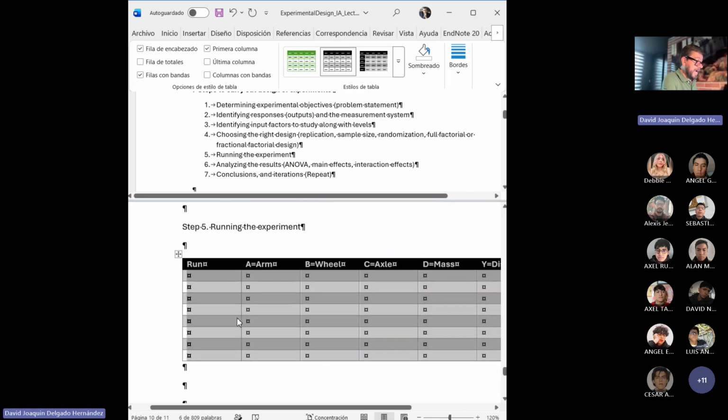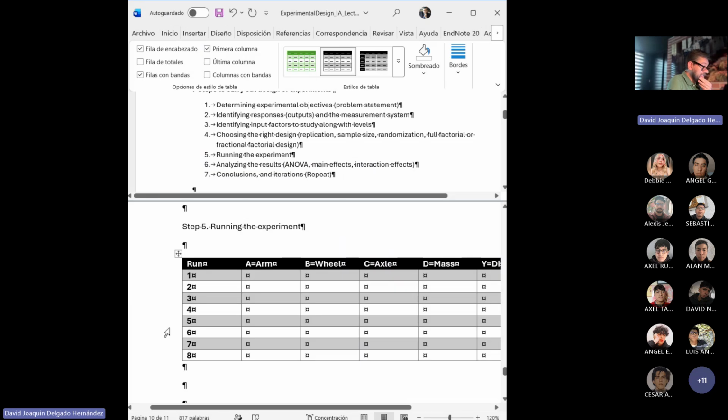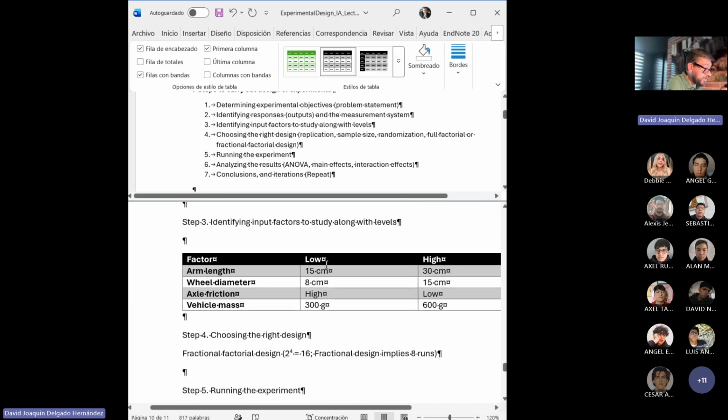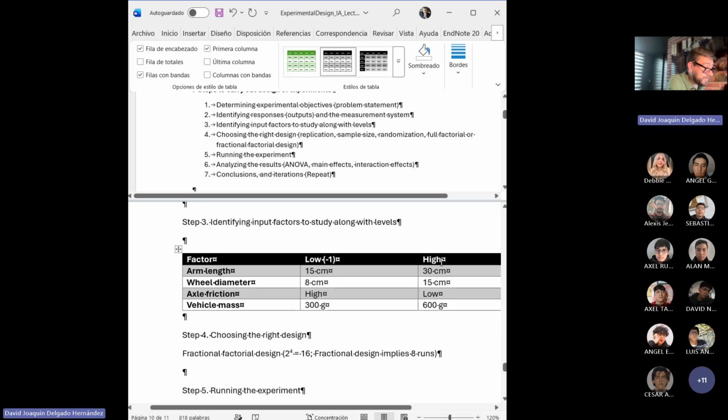Okay. So let me put this in a beautiful way. I am going to have 8 different runs: 1, 2, 3, 4, 5, 6, 7, and 8. Only 8 because it is a fractional design. I don't want the complete experiment, but a fraction. Let us remember that low is -1, and high means +1.